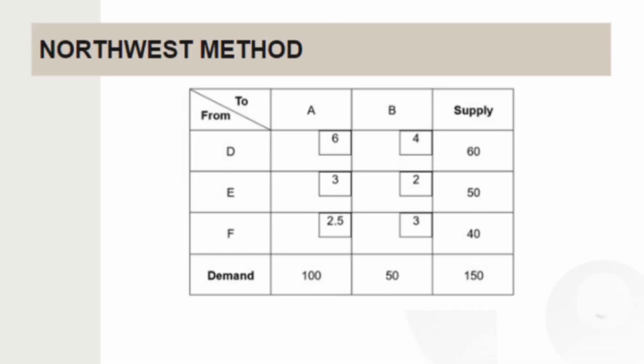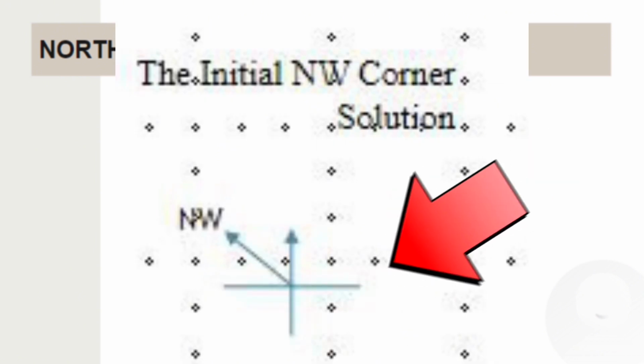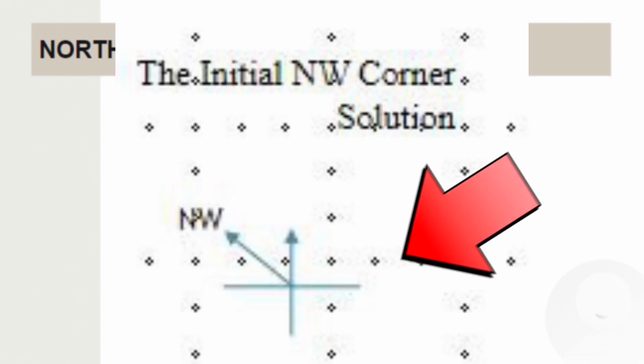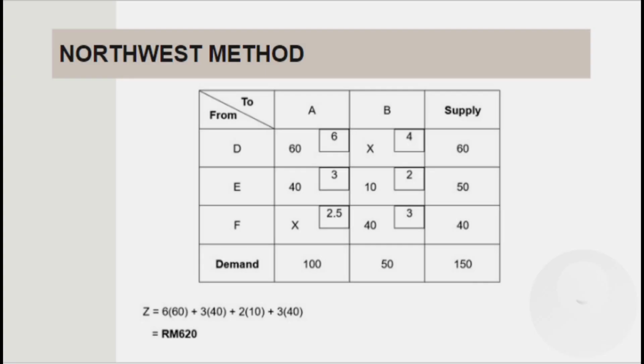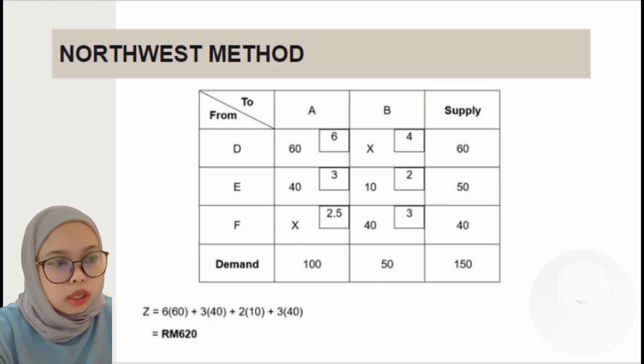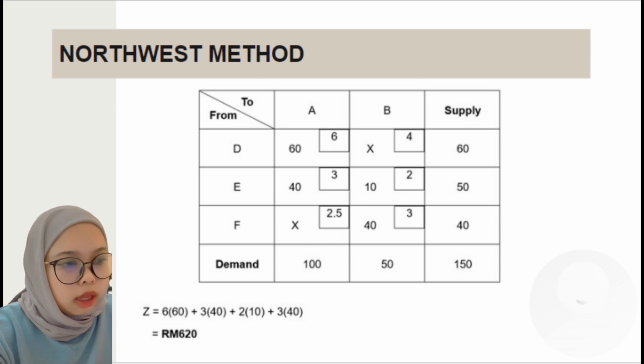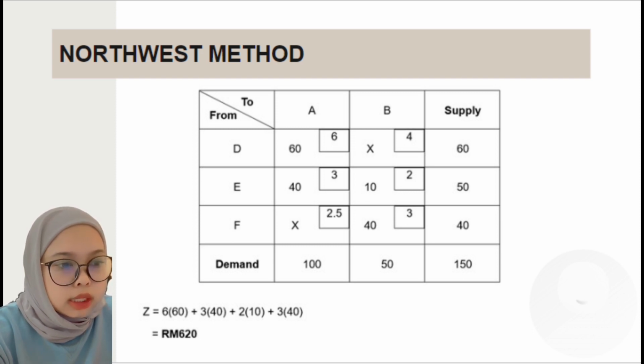So, for the Northwest corner method, as you know, the largest possible allocation is made to the cell in the upper left. Firstly, let's look at A. The demand is 100 but they can only supply 60.